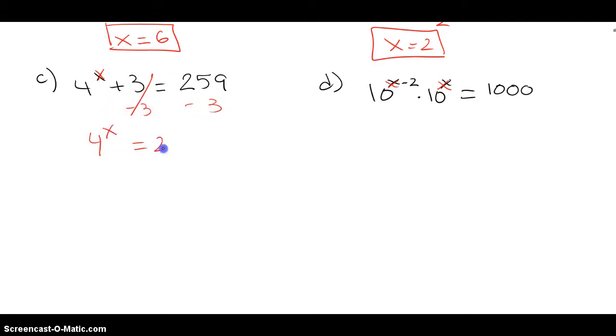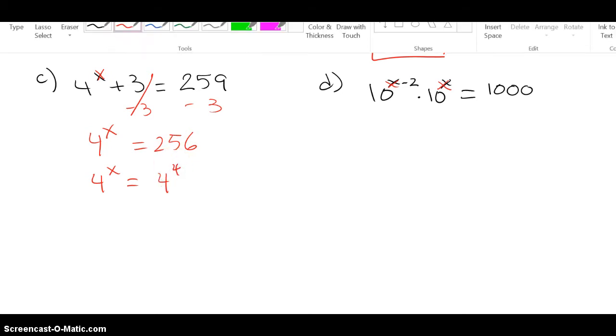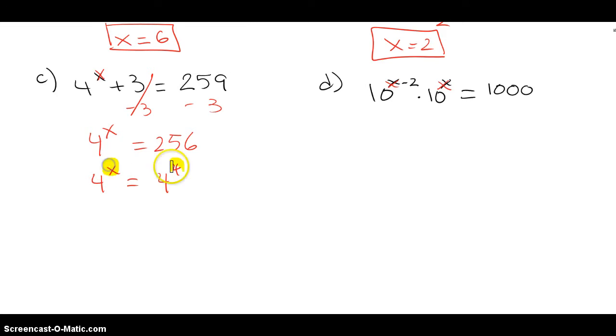That's 4 to the x equals 256. Now my goal is to get the same base on both sides. So 4 to the x, and I can rewrite 256 as a base 4. 4 to the 4th is actually 256. Once I write them with the same base, these two guys must be equal, and it looks like there's no more work. x has to be equal to 4.